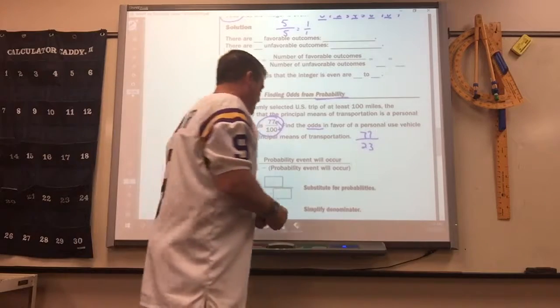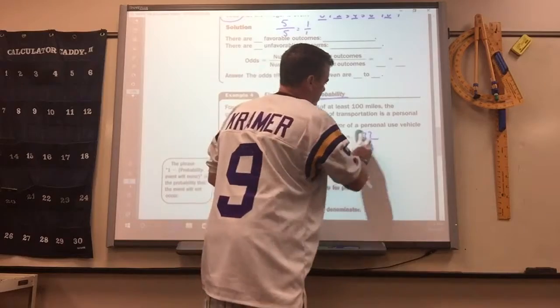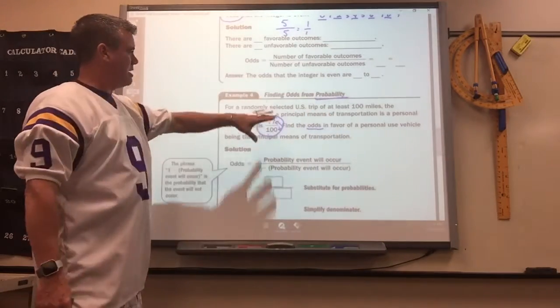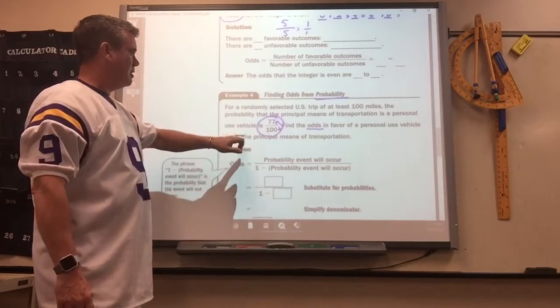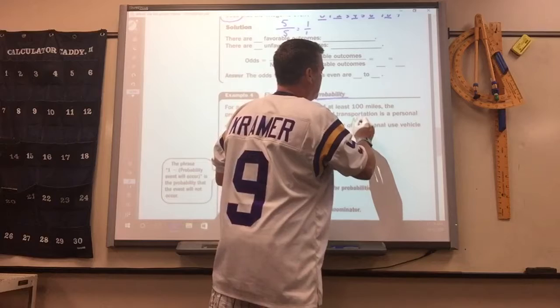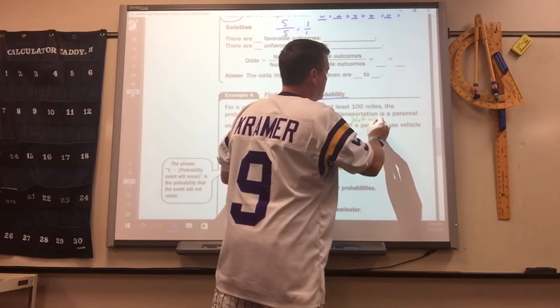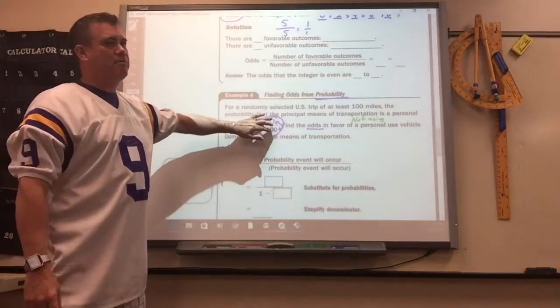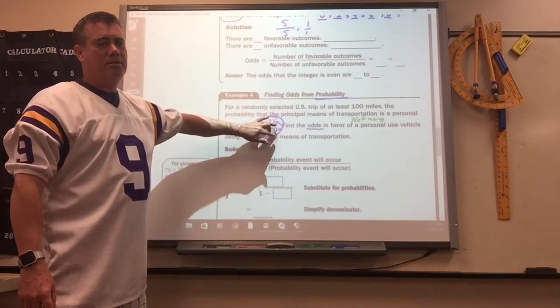Now sometimes they try and trick you a little bit. Make sure you're reading. It'd be the same type of problem. They'd say find the odds in favor of not using a personal use vehicle. So this is the probability of using.